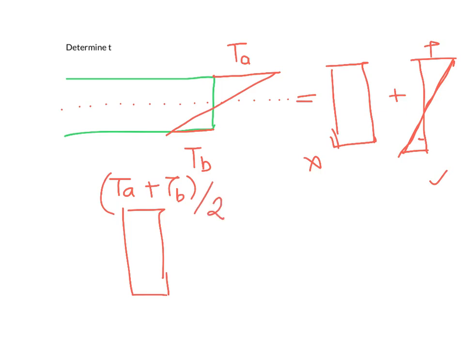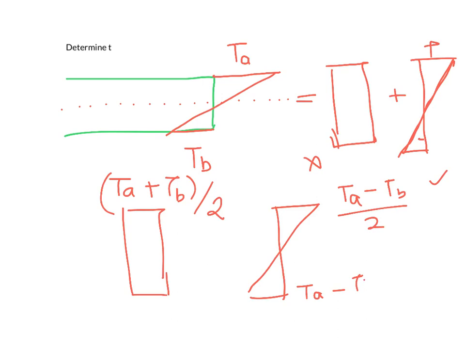The second part of your temperature is given by Ta minus Tb by 2. This is also Ta minus Tb by 2, but this will be negative and this part will be positive.